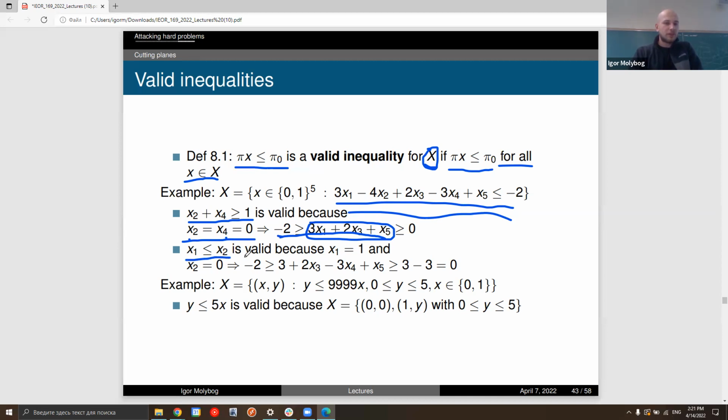This inequality is valid too. I believe we have discussed it earlier, but here you can just prove that if x2 is equal to 0, then x1 must be equal to 1, and therefore the following inequality holds, where the left hand side is equal to 0 and the right hand side is less than 0.